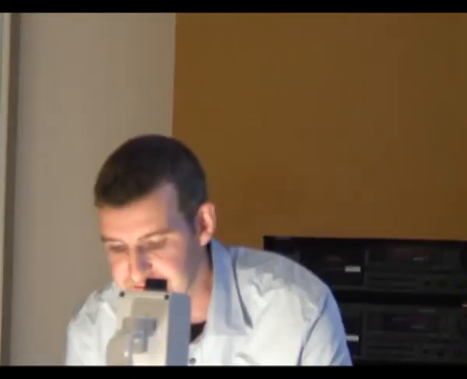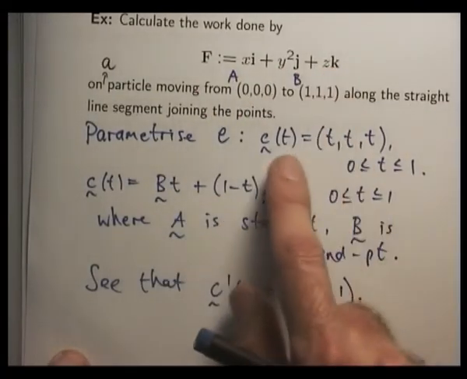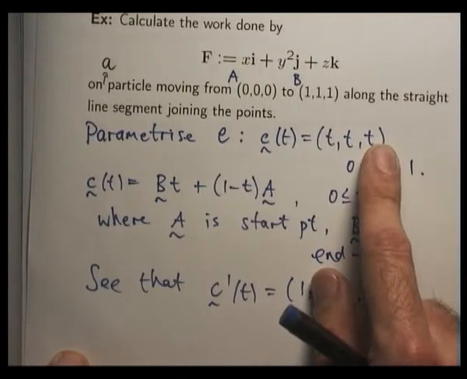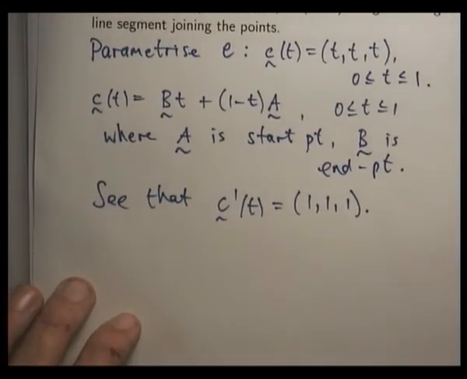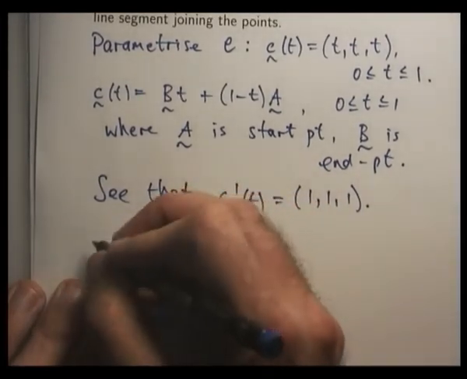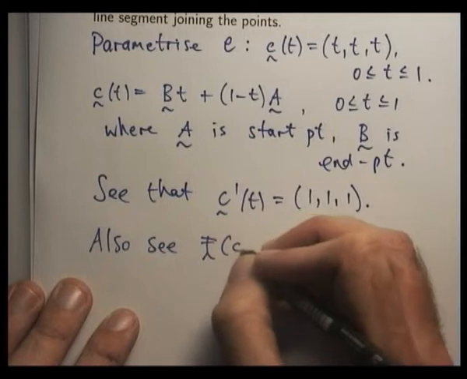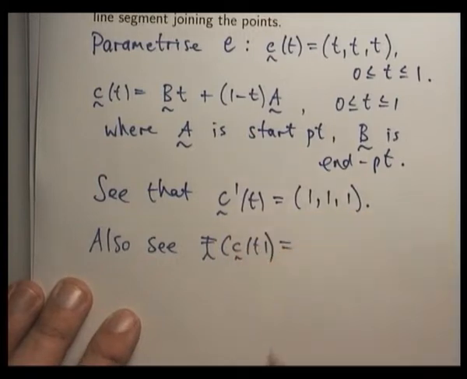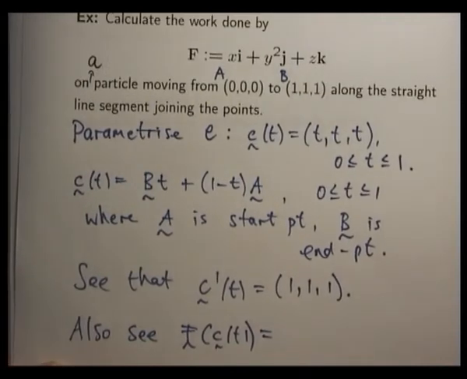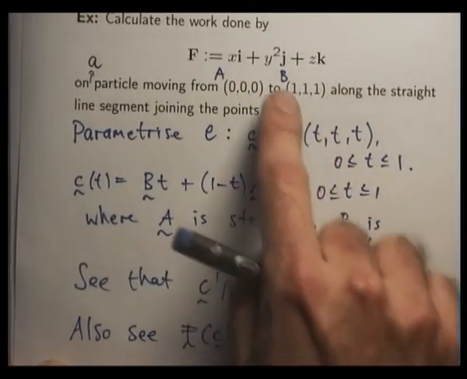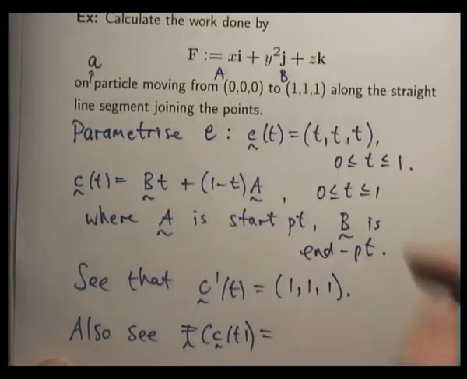Third thing we do is we evaluate our given vector field along our parameterization. Okay, so if I have a look at my vector field, I replace x with t, y with t, and z with t.